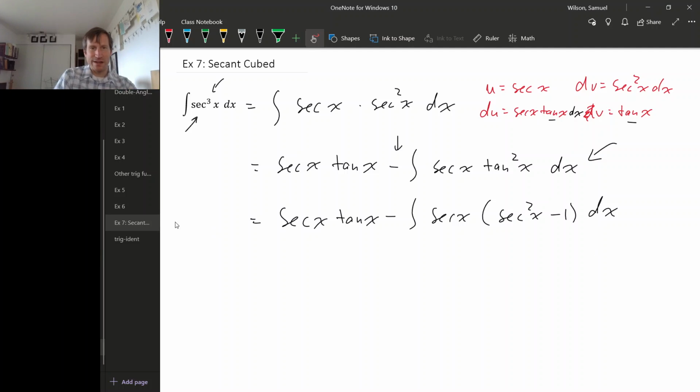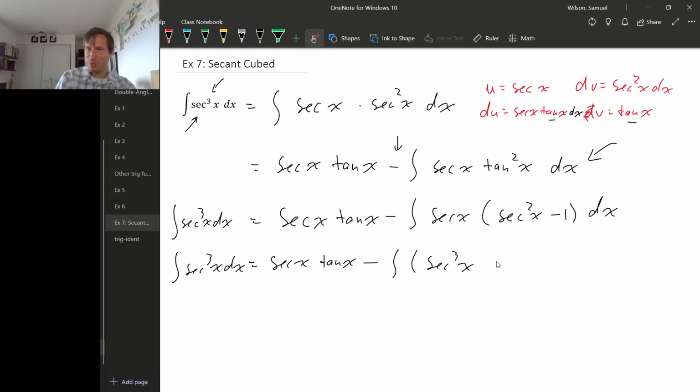All right, and so this is all equal to the integral of secant cubed x dx. So the integral of secant cubed x dx is secant x tangent x minus the integral of secant cubed x minus secant x dx.